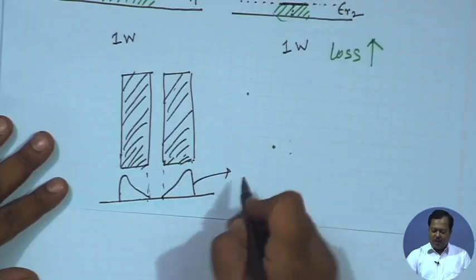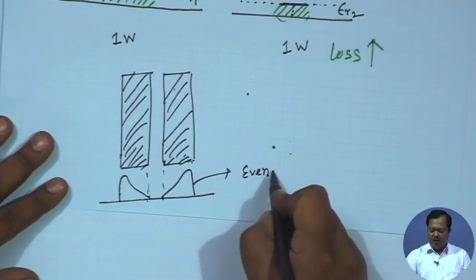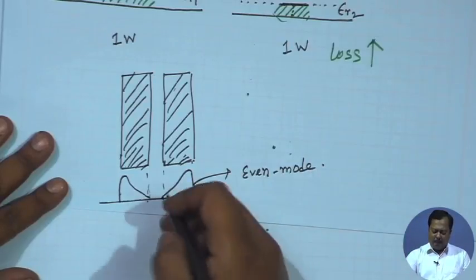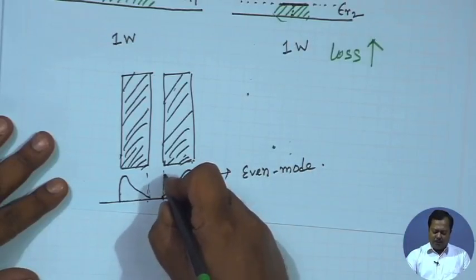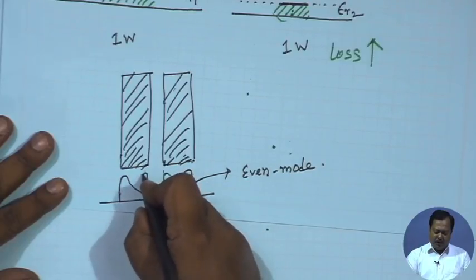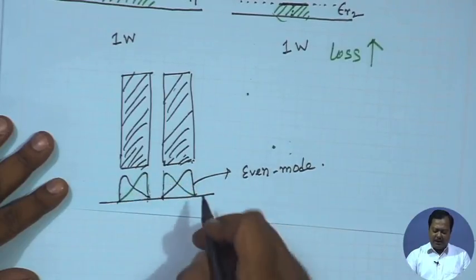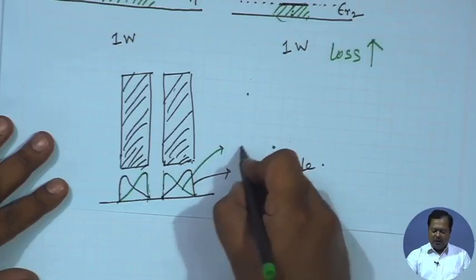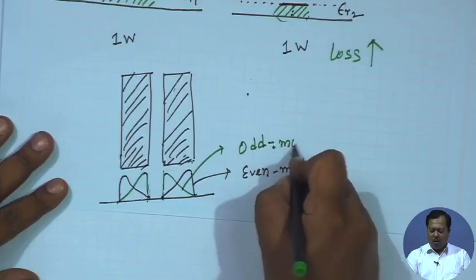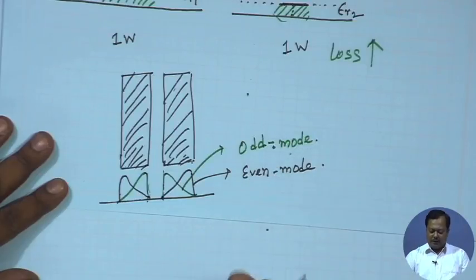So, this is for the even mode scenario, and in odd mode we have some sort of attractive effect, so the current will be more on the inner edges. This green line is the current distribution for odd mode excitation.